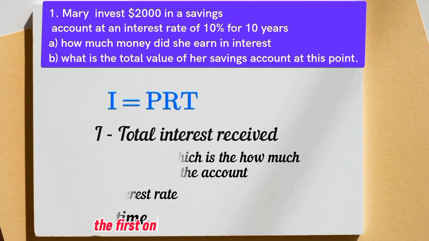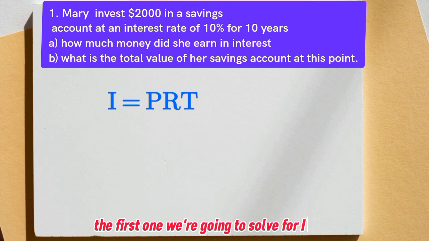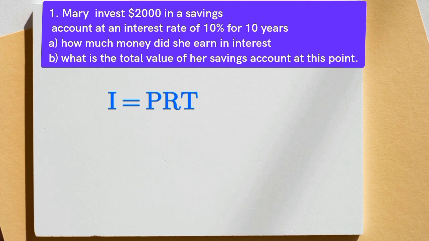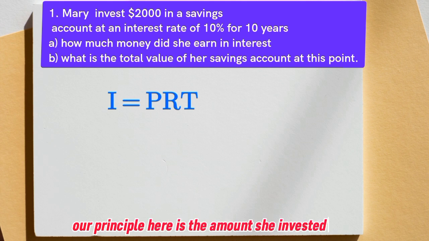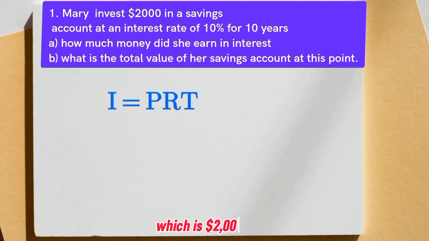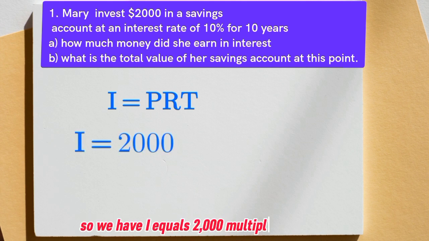The first one, we're going to solve for I, which is the interest she earned. So we have I equals, our principal here is the amount she invested, which is $2,000. So we have I equals 2,000 multiplied by R, the interest rate, which is 10%.